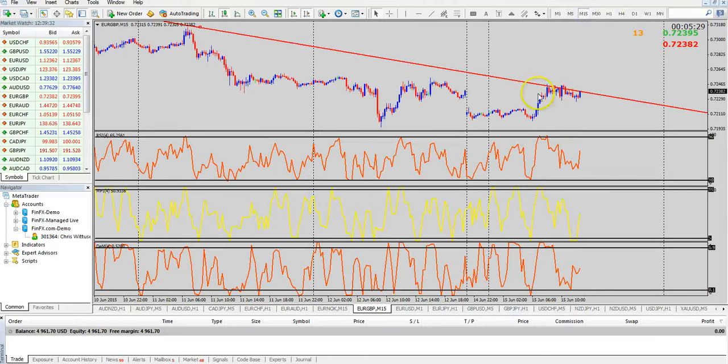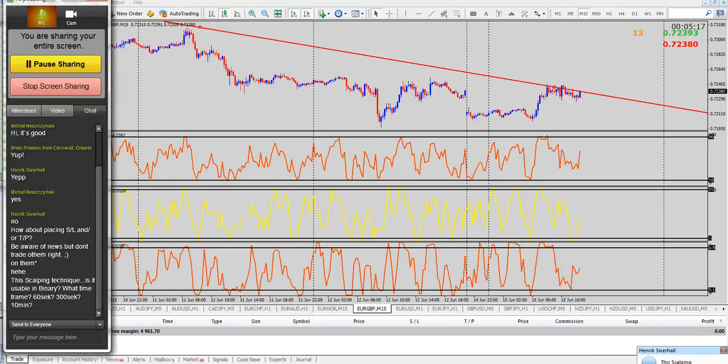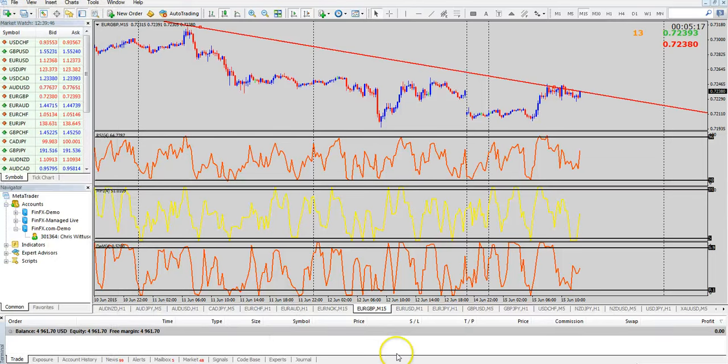So this scalping technique that I'm about to show you with these indicators, it is useful in binary.